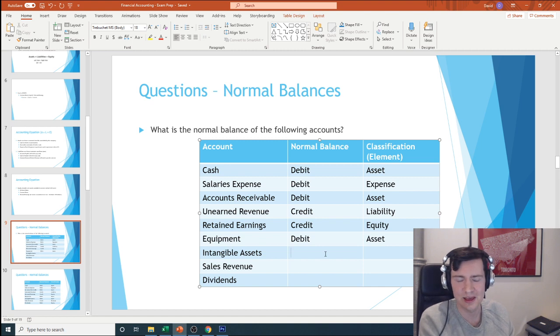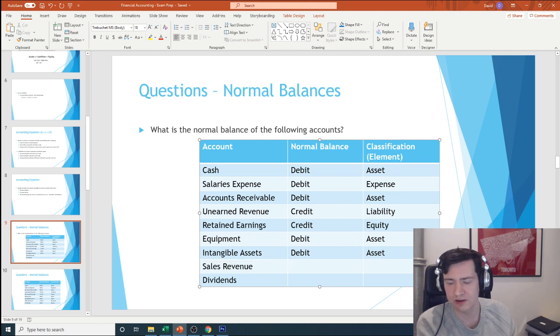All right, I think people are getting tired of the classification game, so I'll try to work through it quickly. Intangible assets are a normal balance of a debit because they're an asset, and the classification is going to be an asset. Sales revenue, on the other hand, how does revenue affect equity? Well, revenue increases net income.